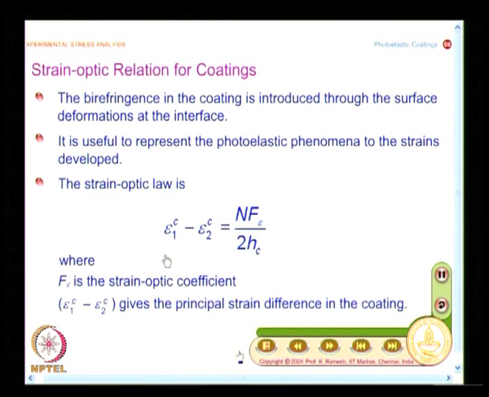See, the real utility of photoelastic coating you will see only when this equation is recast comfortably, because ultimately what is it that I want? My interest is not to worry about what are the coating stresses, my interest is to find out the stresses developed on the specimen. So, that is where I have to bring in mechanics of solids.